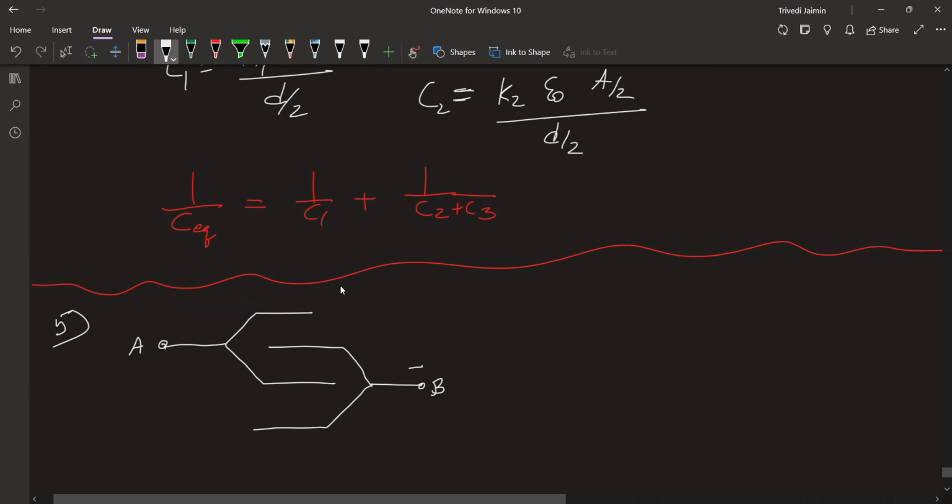If we have capacitors like this, it is equivalent to this.